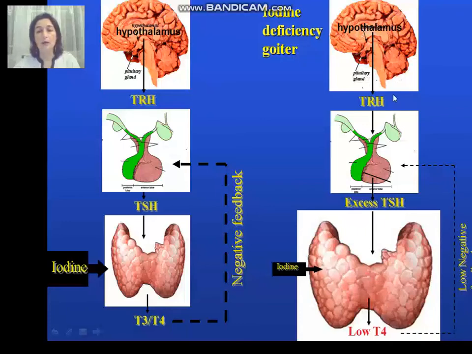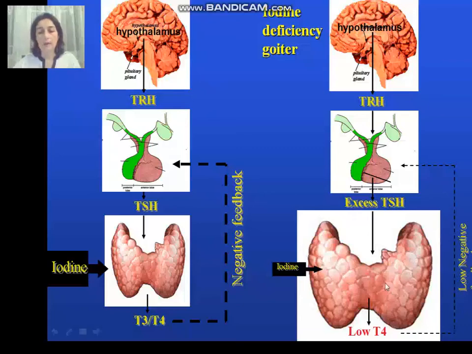Let's look here. TRH is produced from the hypothalamus, TSH is in excess amount. It continuously activates the thyroid to produce T3 or T4. But the T3, T4 will be produced in low amount because of the iodine deficiency. There is not enough iodine in blood circulation because of the dietary deficiency or so on.